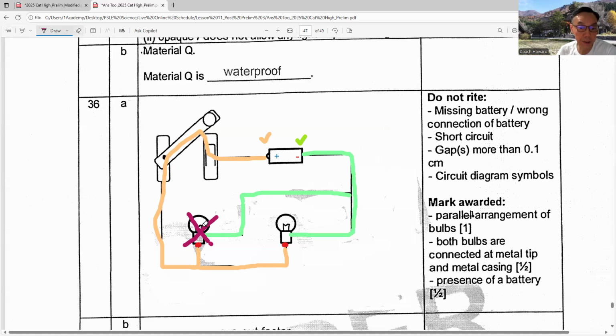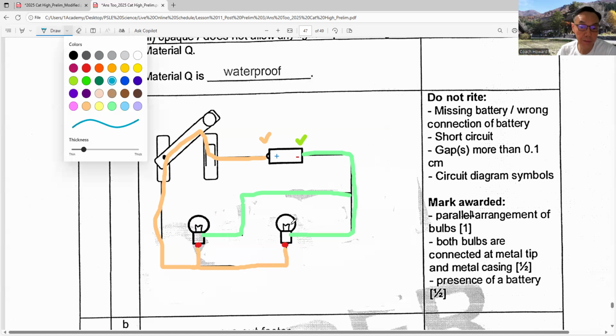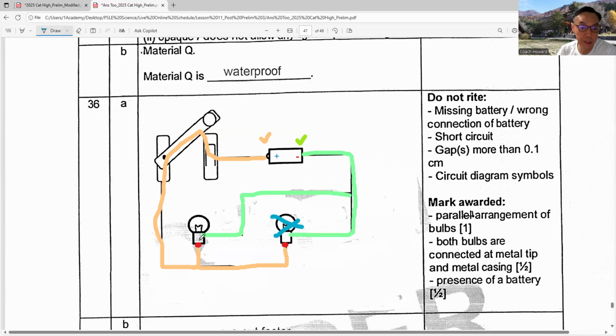If this bulb fuses, it can also complete the circuit this way. You can bypass that. So in this connection, both bulbs are connected in parallel.